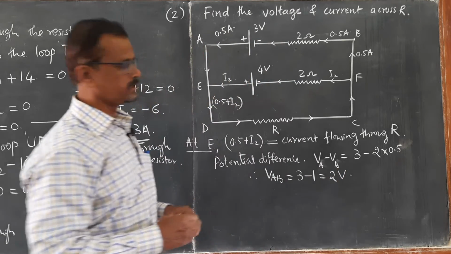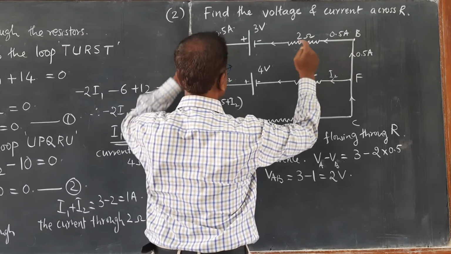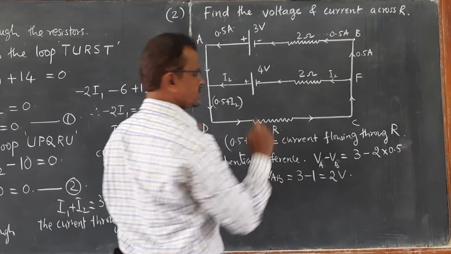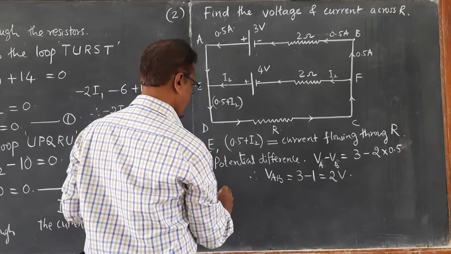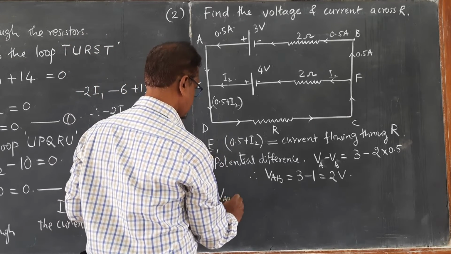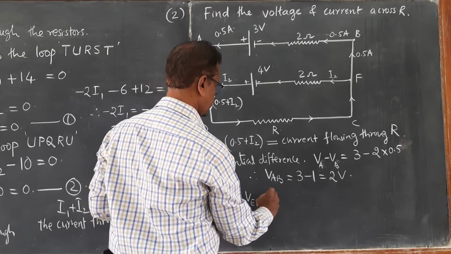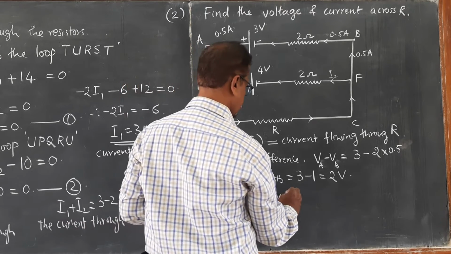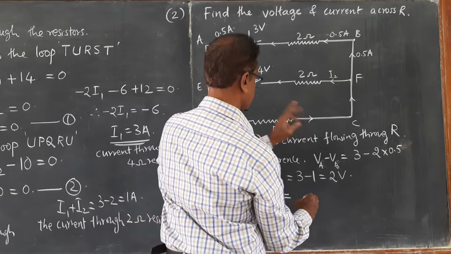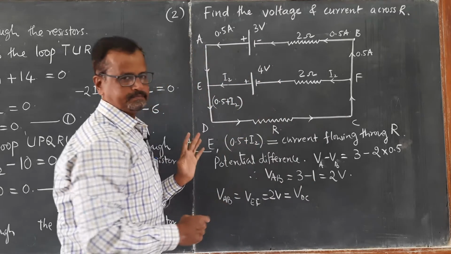Once you get the potential difference here as 2 volt, the potential difference across EF will also be 2 volt because they are in parallel. VAB is equal to VEF, which is also equal to VDC, the potential difference across DC, because they are all in parallel.